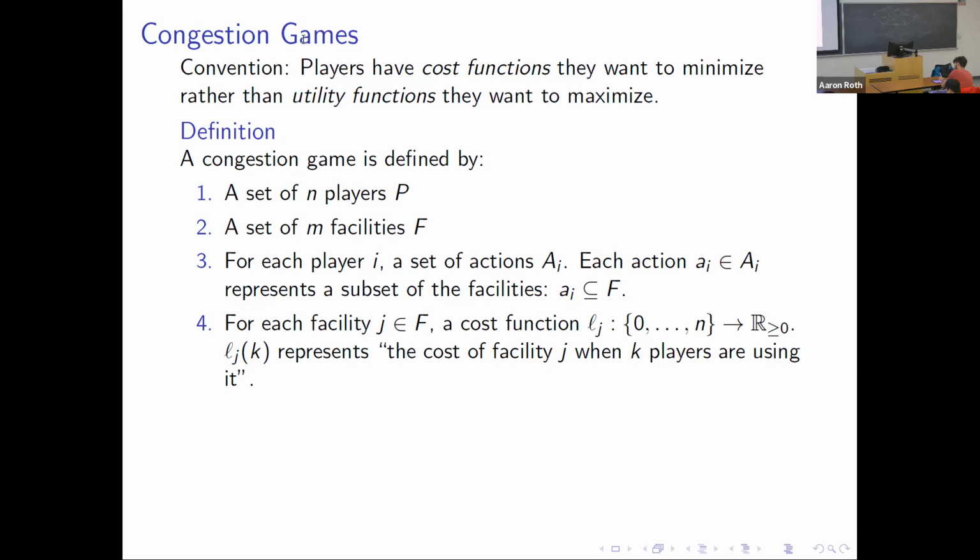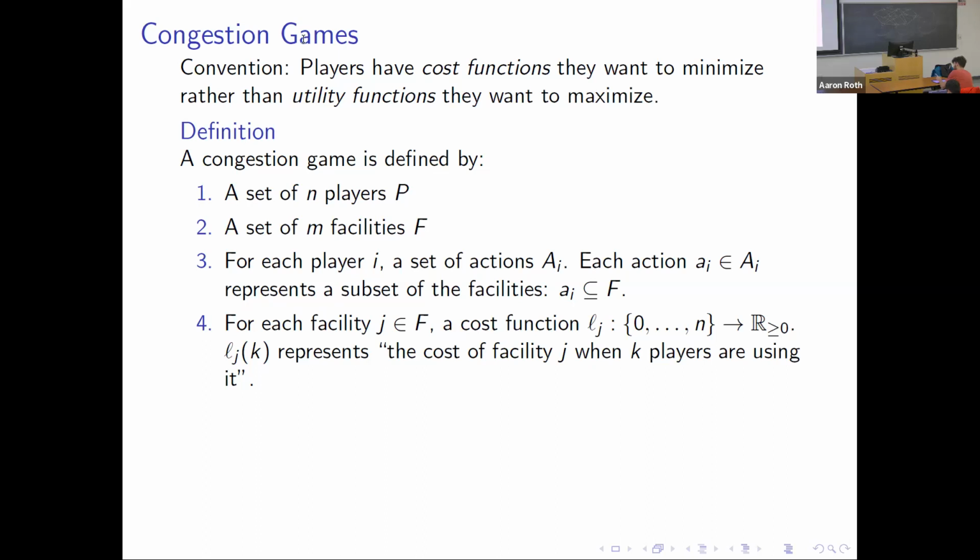If we're modeling a traffic network, this is like the time to traverse this stretch of road as a function of the number of cars that are driving on it. For a traffic routing game, you'd expect that the cost would go up the more people were using the road. But the definition of a congestion game doesn't require that this cost function be monotone. It might be interesting sometimes to think of games where the cost goes down when more people use it.